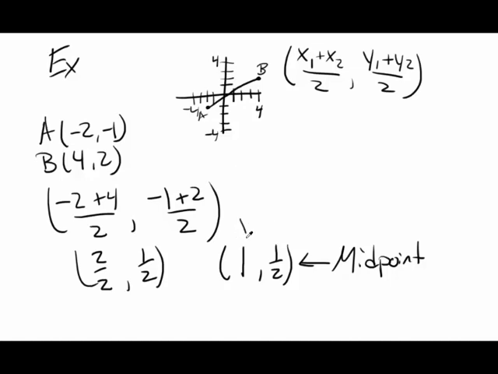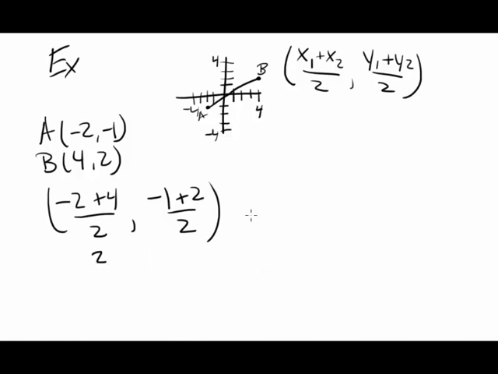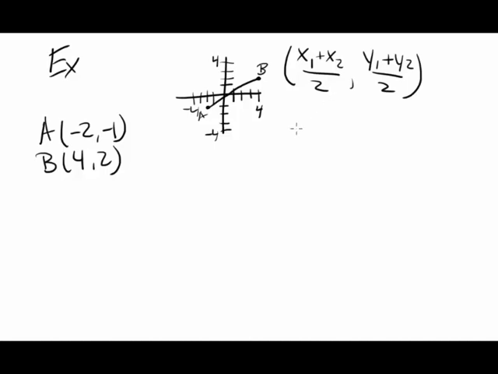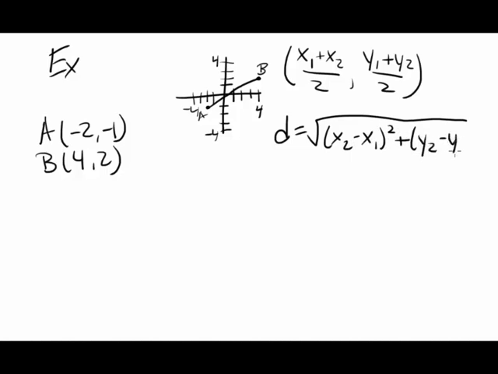Next, we are going to dive in to the distance formula, trying to find the distance between points A and point B. And we're going to use the formula that has been given to us on the previous example. And that is going to be, once again, d equals the square root of (x sub 2 minus x sub 1) quantity squared plus (y sub 2 minus y sub 1) quantity squared.